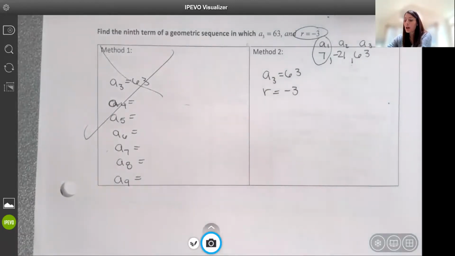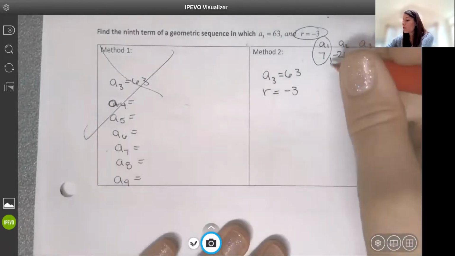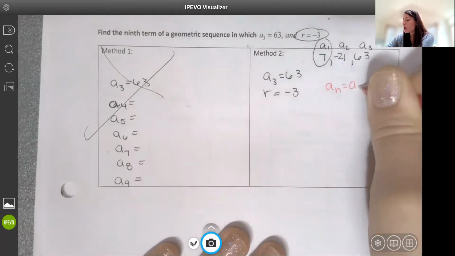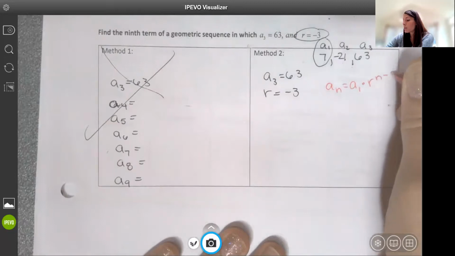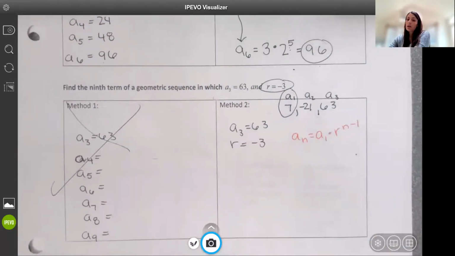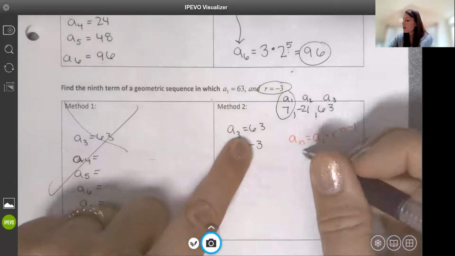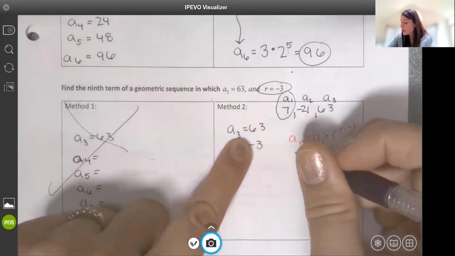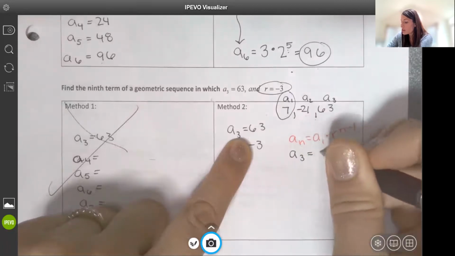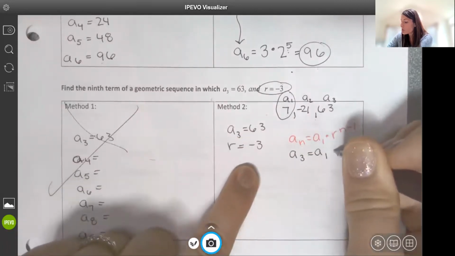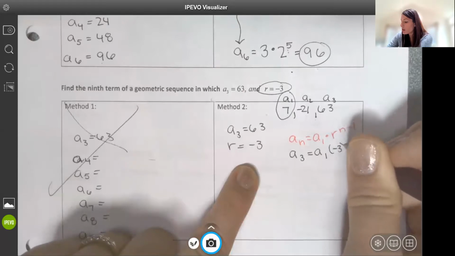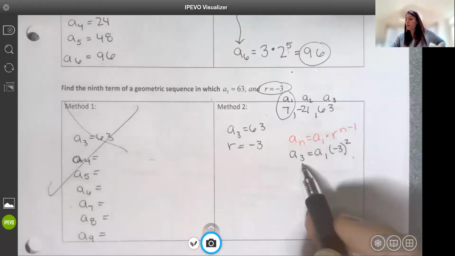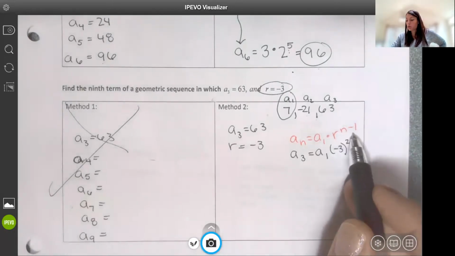You could also do that using our equation. You could have also found the 1st term using our equation. So here's our explicit equation for geometric sequences. If the 3rd term is 63, a sub 3 is going to equal a sub 1 times my ratio, -3, to the 2nd power, because it's going to be 3 minus 1 here.